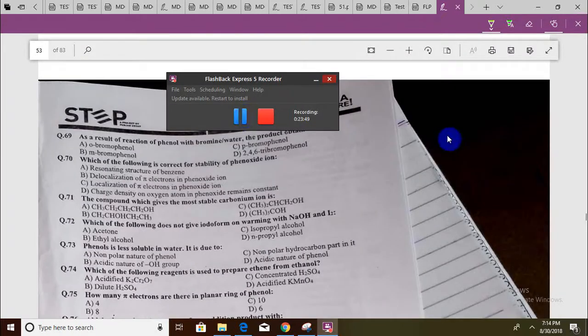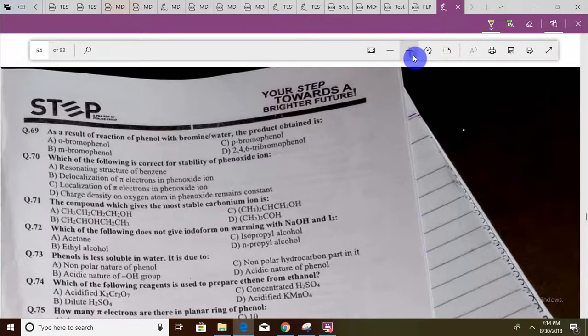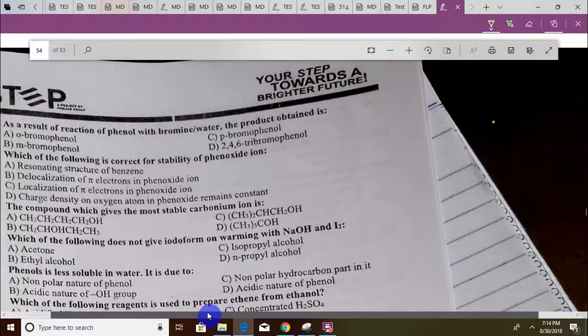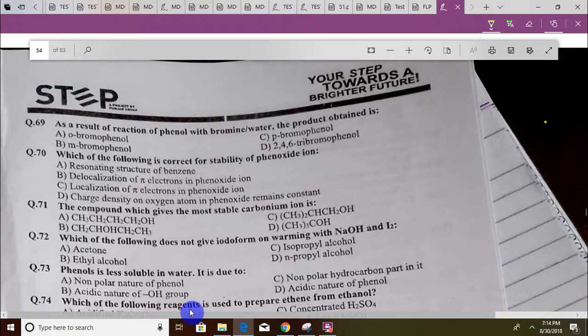Now if you look over here, as a result of the reaction of phenol with bromine water, what is the product obtained? Well, we get 2,4,6-tribromophenol. Again, A-level students should not have a problem with this. Let's take a look at the next one.